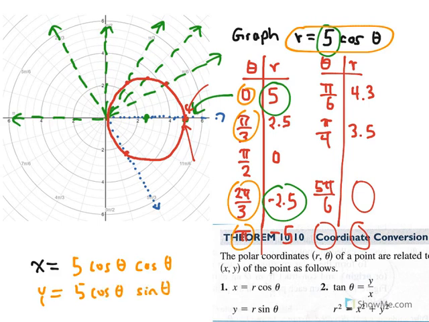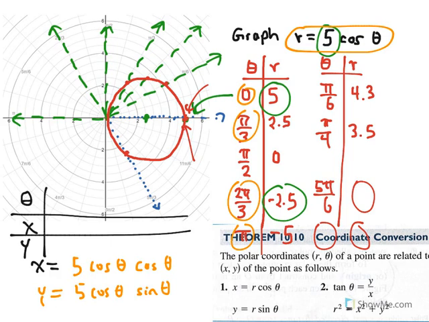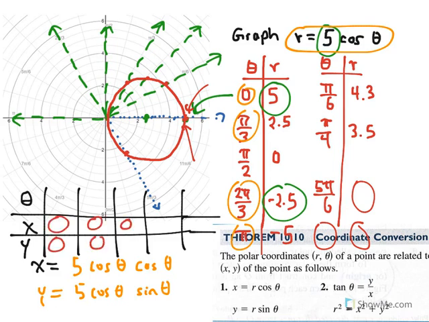And if you do it that way, you're going to make a table. The parameter that you have would be theta, and you'll make a table with a row for x and a row for y, and you will choose values for theta, and you will get coordinates in x and y. So you'll get rectangular coordinates x, y for corresponding values of the parameter theta, and you can get the same graph by doing it this way.